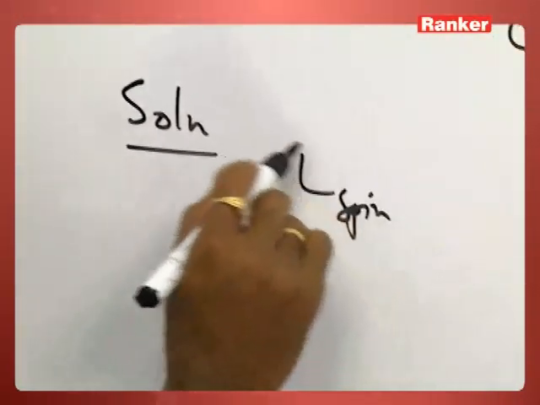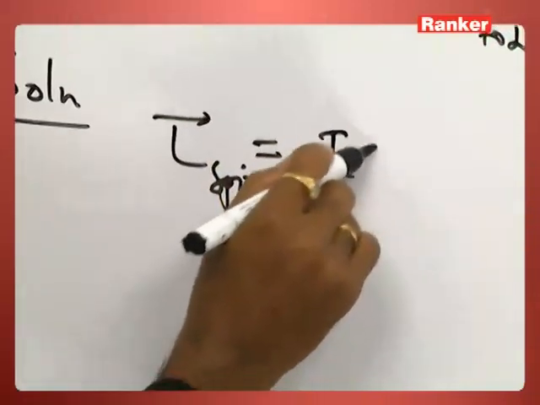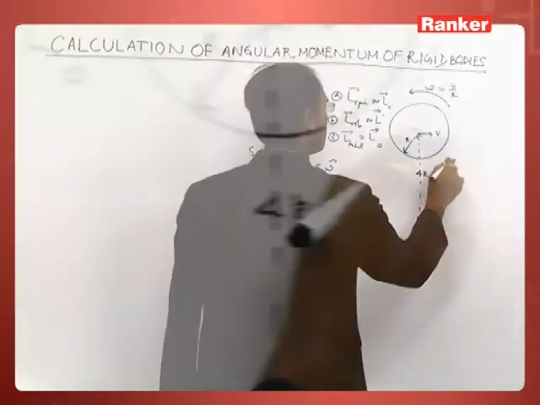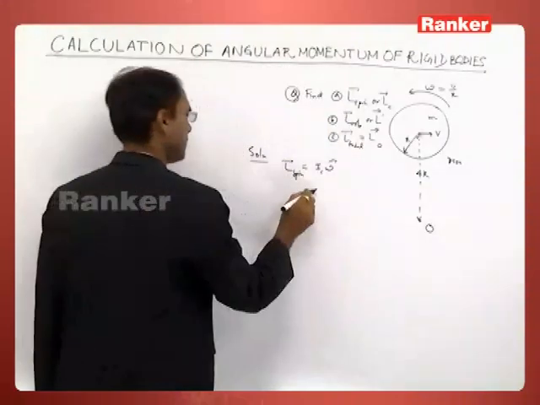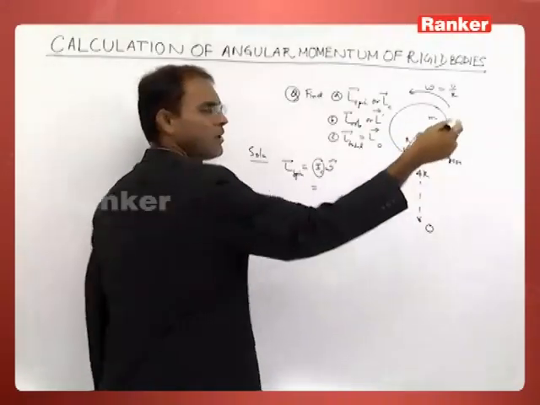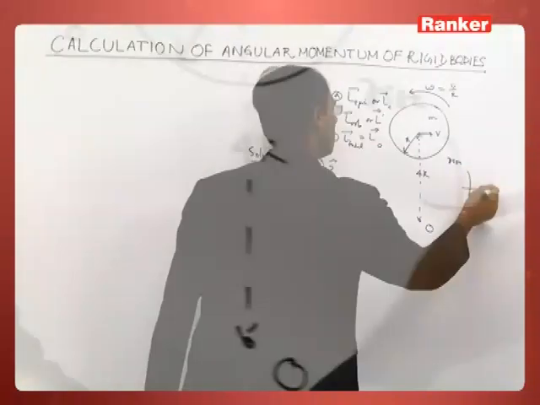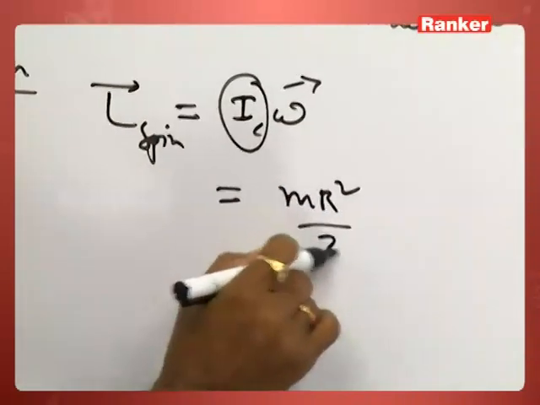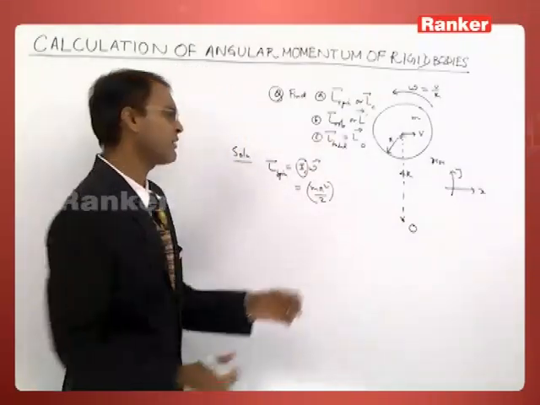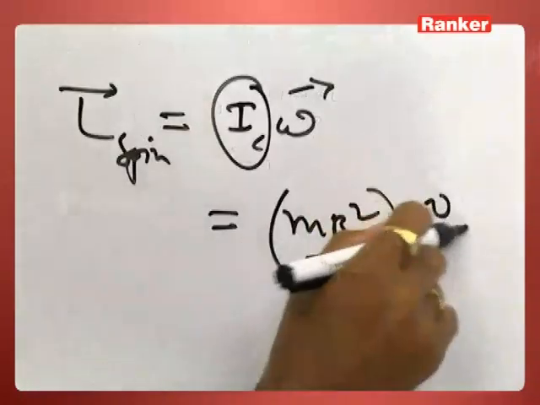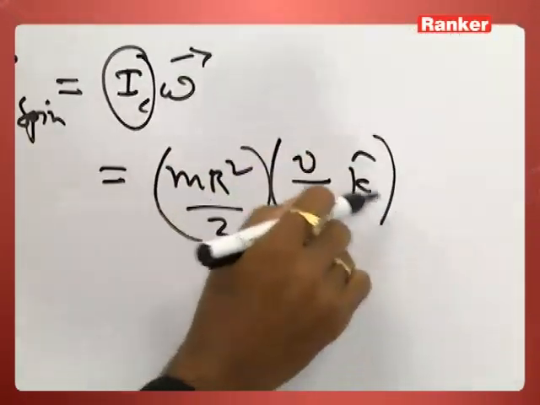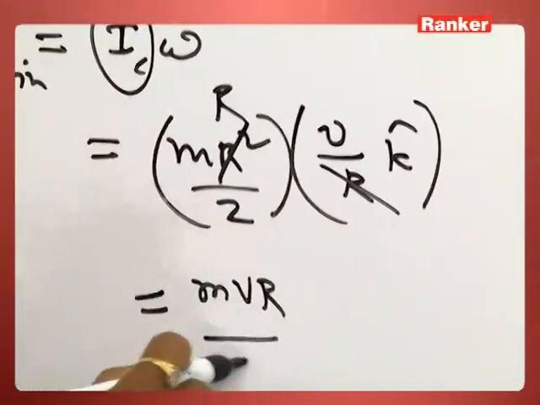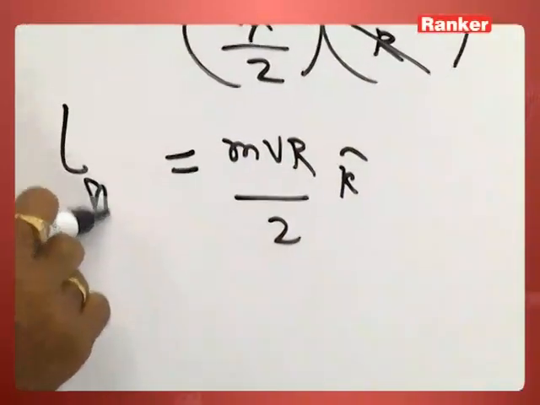The concept is spin angular momentum is I_C into omega. If there is a disk of mass m and radius r, I_C about the z axis is equal to m r square by 2, and omega is given in anticlockwise manner v by r k cap. So you are getting m v r by 2 k cap, L spin.